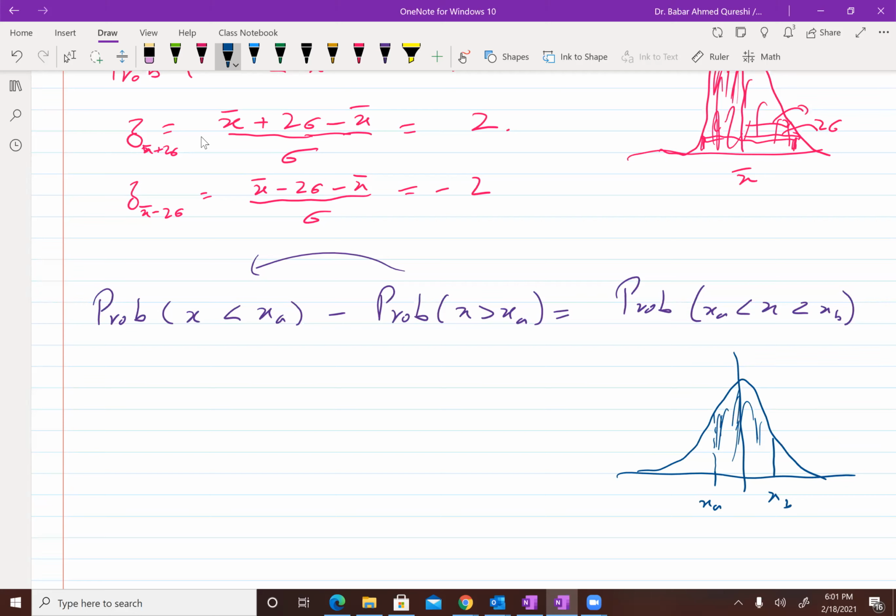That gives you this middle area which you want. So you can use this formula to compute the probabilities between two numbers, because these things are usually given to you.